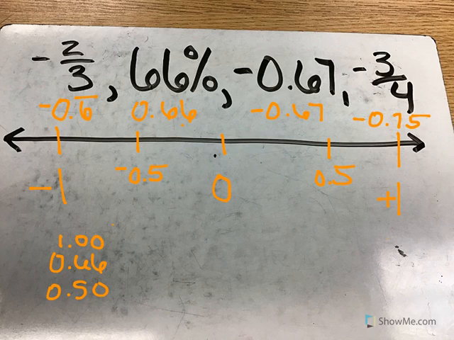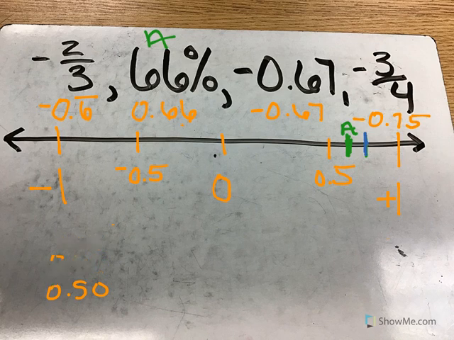So I'm going to put that right around here, and we'll label this A. 66 hundredths would go right around here because it's a little less than 75 hundredths. I'll draw 75 hundredths as my blue line. 66 hundredths would be between 1/2 and 75 hundredths, so I put A right there.